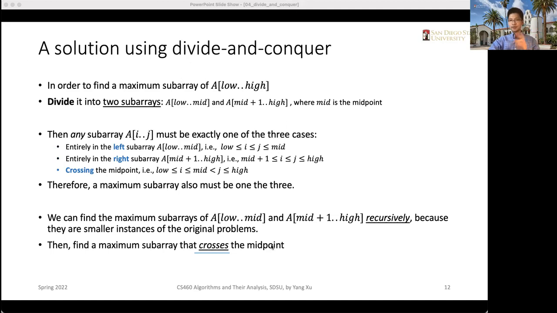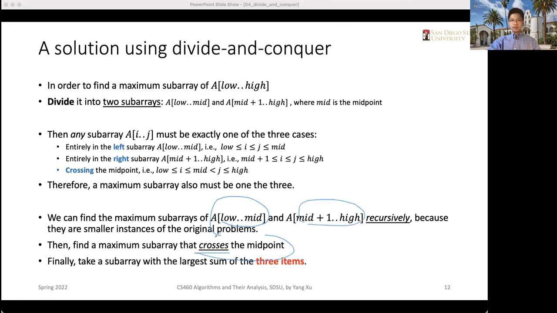For that special case, we need to solve it manually, not with a recursive call. Finally, after we have the maximum subarray from the left half, from the right half, and the one crossing the midpoint, we compare these three and find the one that has the largest summation. In theory, that should give us the solution to the problem.